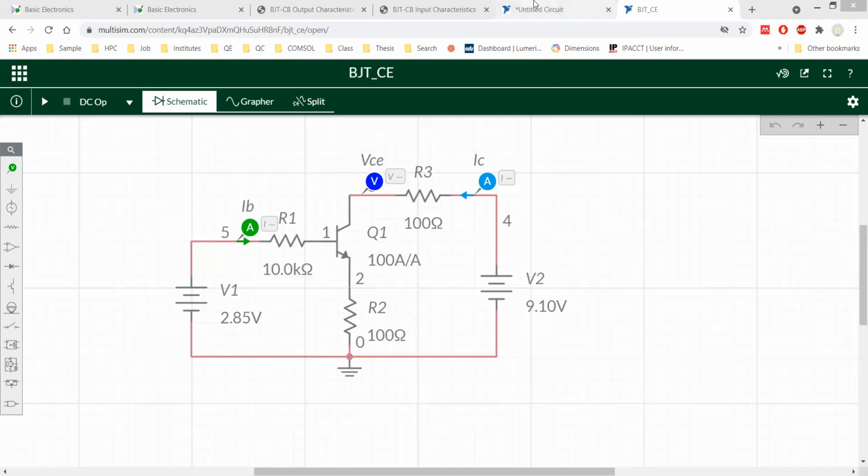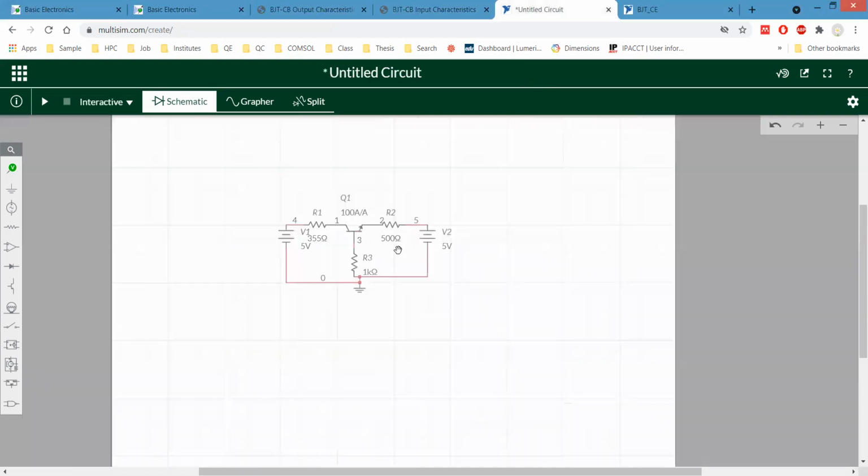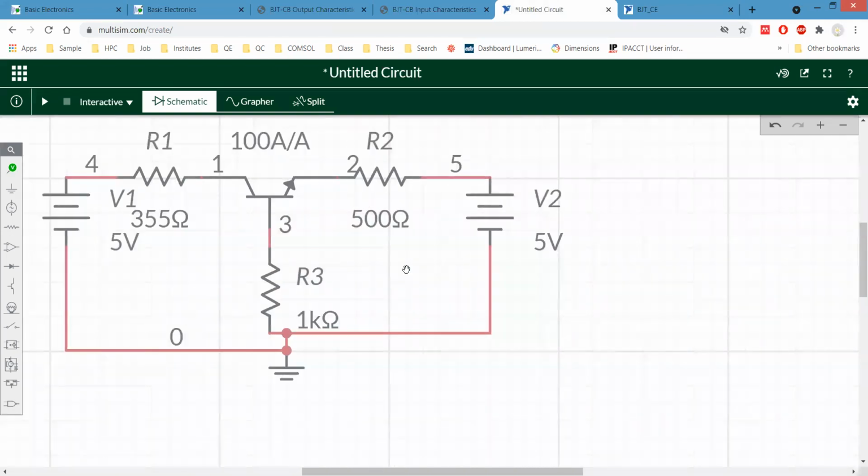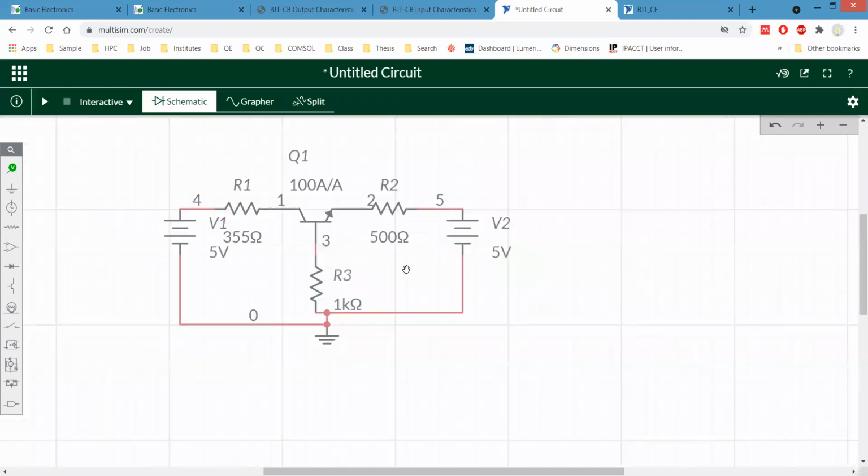So in this case, we have done this circuit, and now we will see what the response will be. Let me rename it first. It should be VCB. No, it is VEB, or VBE, you can say, the base emitter junction.